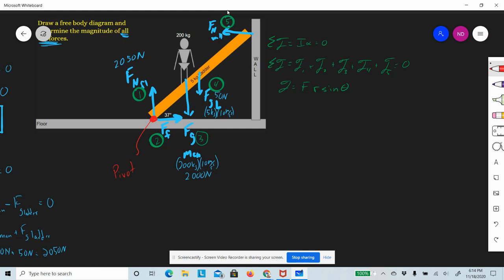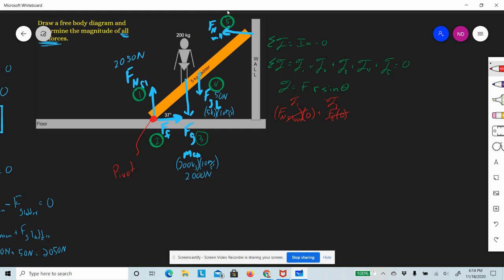So the torque of 1, the normal force of the floor times R, which is 0, times the sine of 90, whatever it's going to be, goes to 0. So the torque of 1 goes to 0. The torque of 2 is also going to be the force of friction times 0 times the sine of 37, but who cares, because it's going to go to 0.